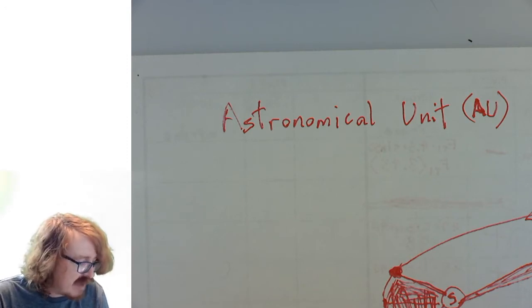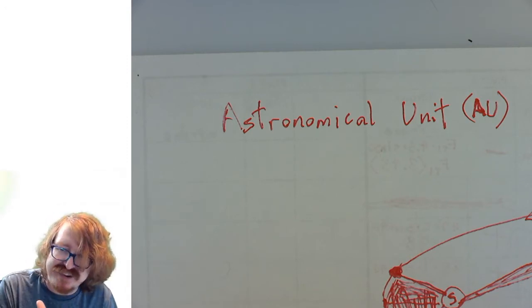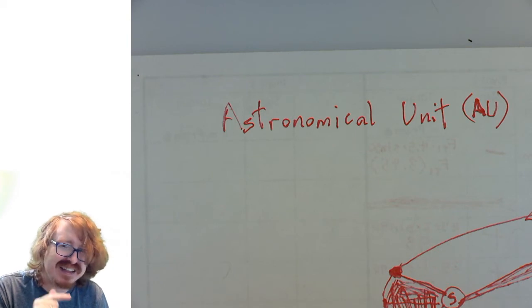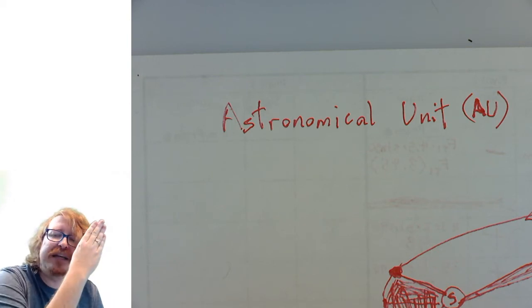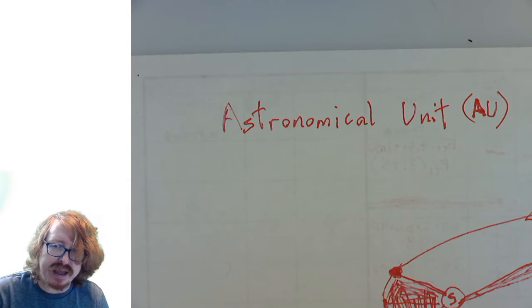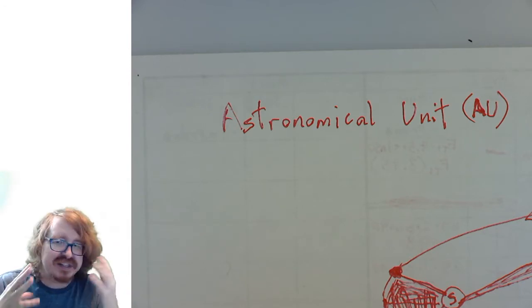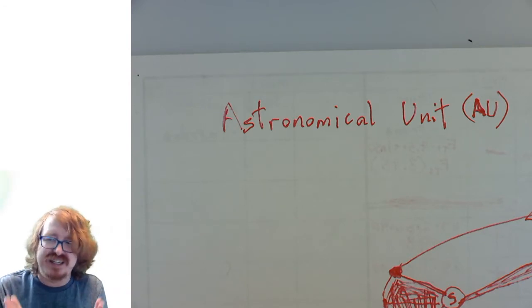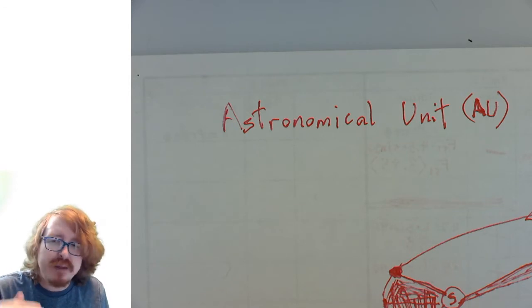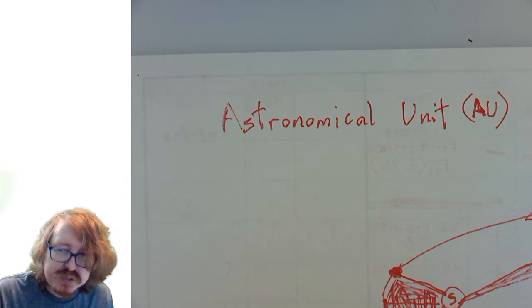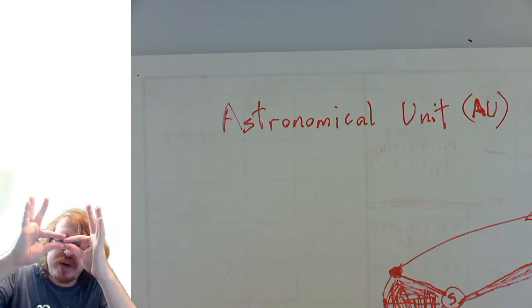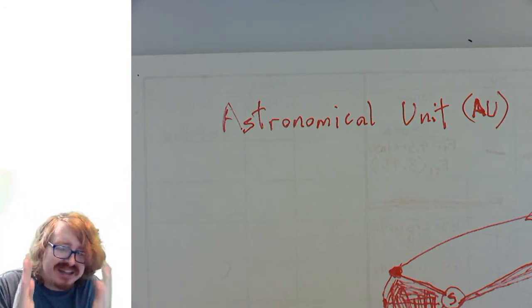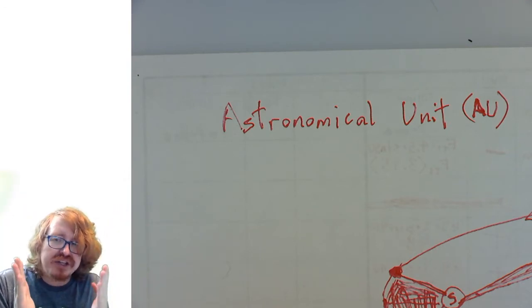But units have to have something as their standard. In other words, it has to be defined as something. So what is the standard for distances between planets? Well, we picked one of the planets, and the distance between that planet and the sun was the standard for astronomical units.